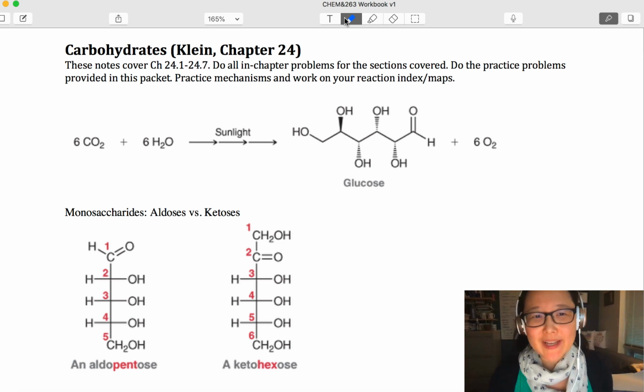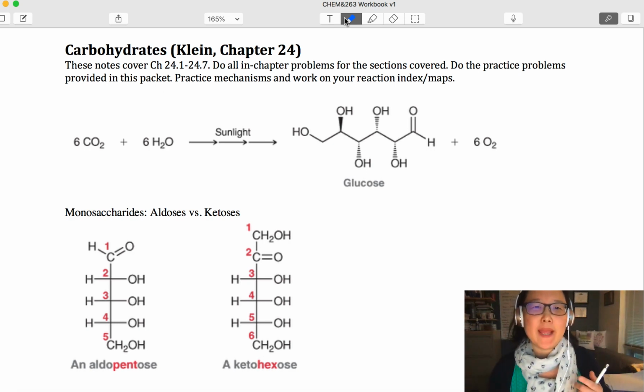My goal is to provide you with some of the basics of biochemistry, just structurally: carbohydrates, lipids, proteins, and nucleic acids. I want to make this as painless as possible because it's the end of a tough quarter, a lot of reactions and mechanisms, and this section is really just for you to get some understanding about how these molecules apply to life.